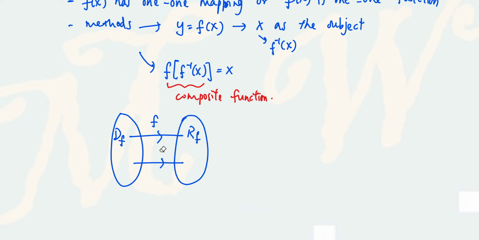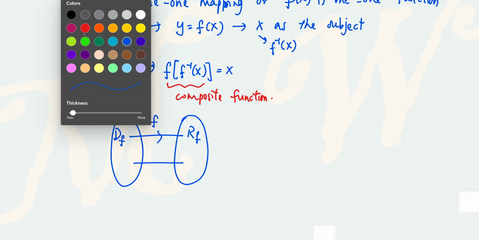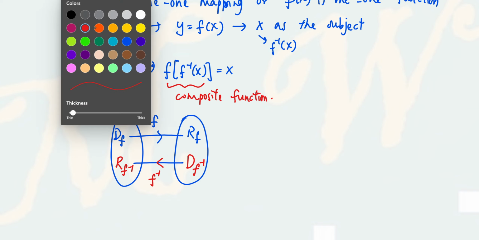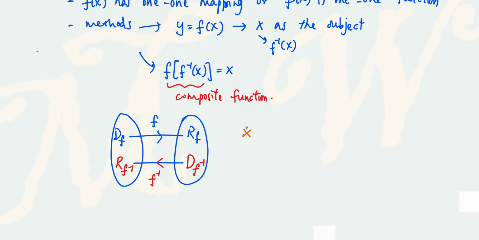Now f inverse is basically the opposite direction. So this is my f inverse. All functions must map the domain into the range. That means here it is the domain of f inverse and the range of f inverse. When you look at this mapping diagram, I will have two formulas.